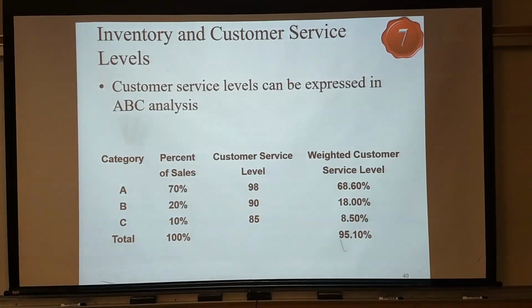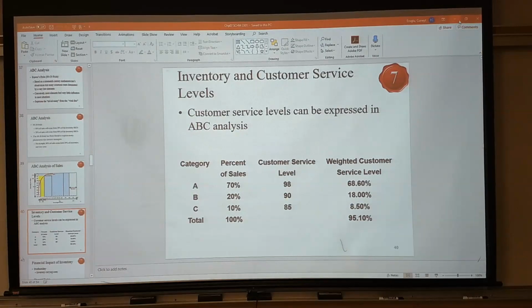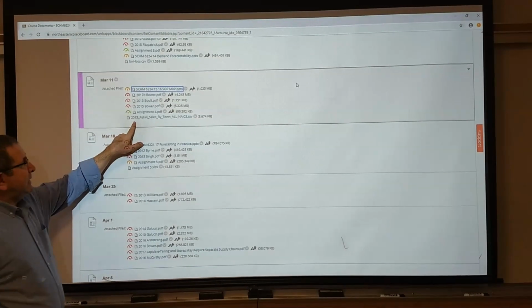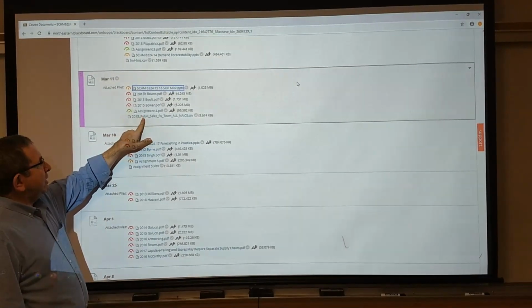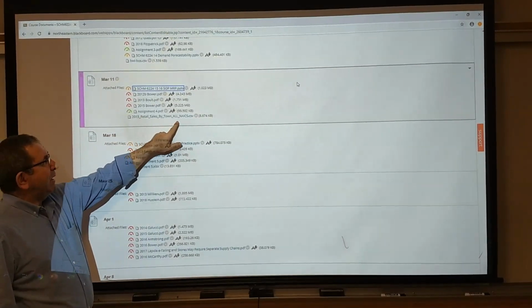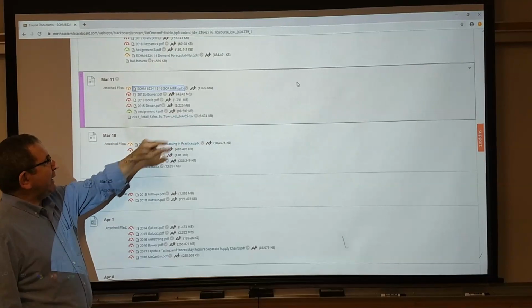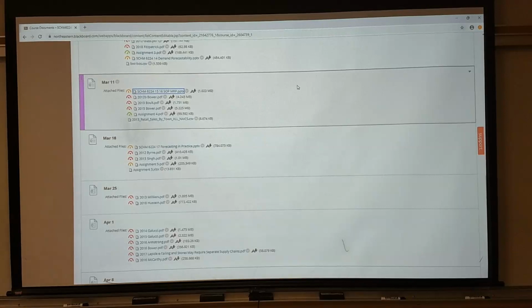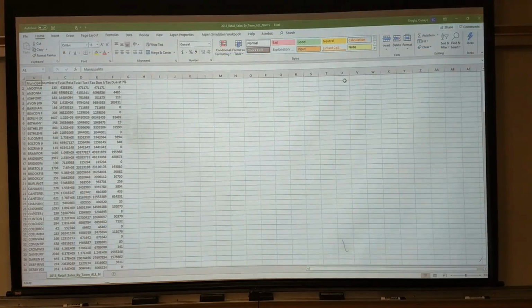On Blackboard, I have uploaded a sample data file, 2013 retail sales by town, all towns in Connecticut, okay? You can download this file, and it looks like this.